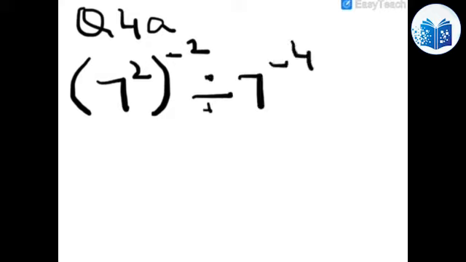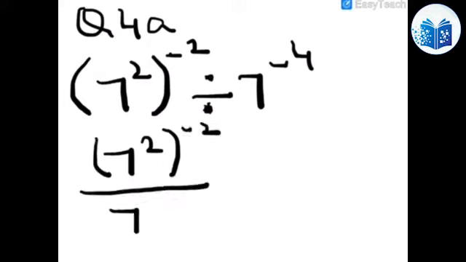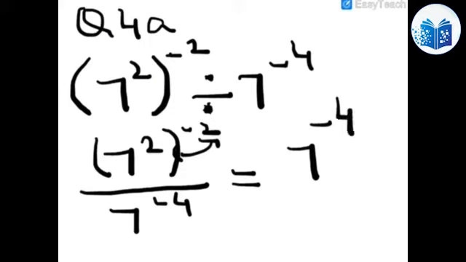So they try to make it quite a complex kind of question, but it's very, very easy. So you don't have to worry about it. What will we do? We'll first solve this division. We'll write 7 square whole power minus 2 divided by 7 power minus 4. As per law 3, we need to multiply the powers. So it will become 7 power minus 2 2s are 4 over 7 power minus 4.